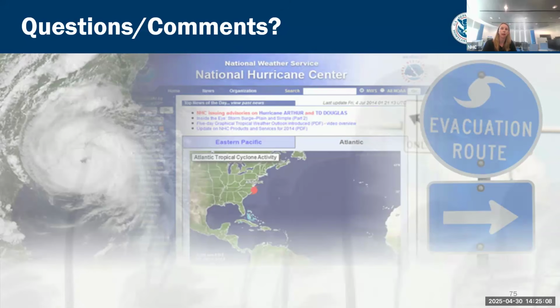It did really great during Hurricane Ian to highlight the risk in Fort Myers Beach. So we're finding countless examples, and the verification statistics show that the 10% exceedance is the best planning tool to use.